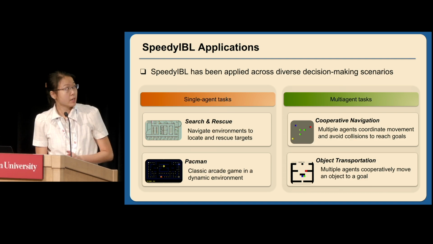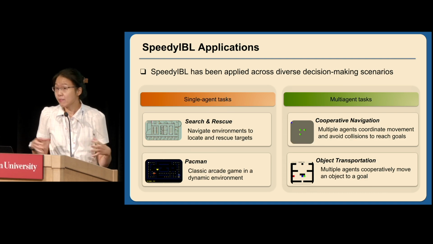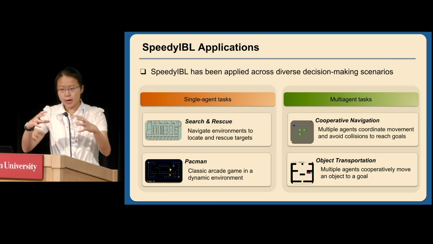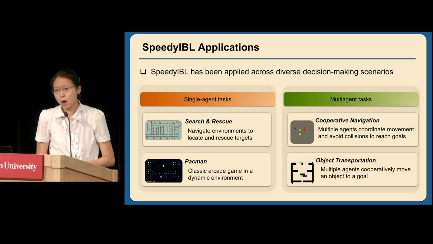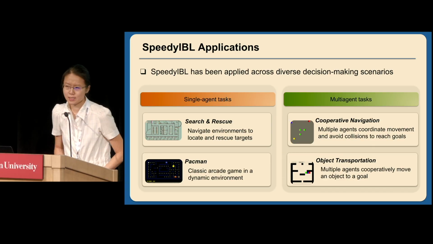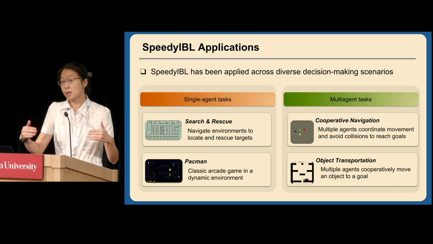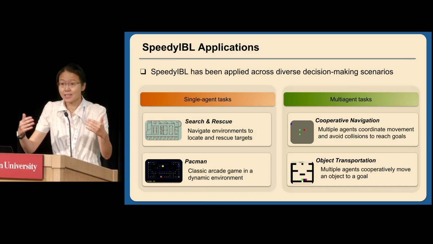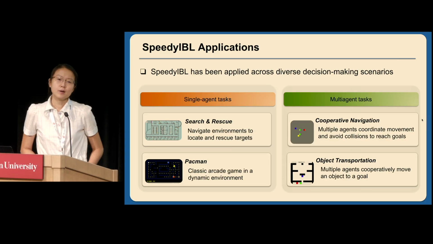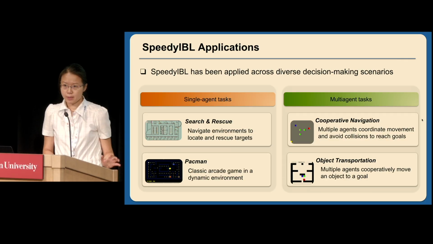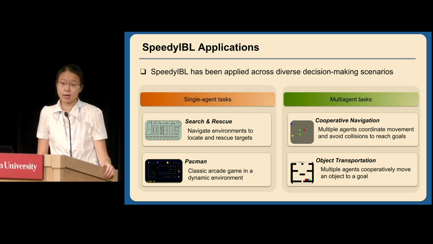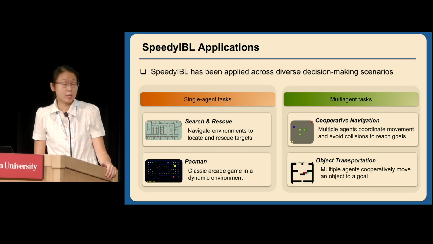For example, the first one is cooperative navigation, where multiple agents need to cooperate to find all the targets. Or in object transportation, where coordination is very important, or the moving target task, where the actions of all the agents must be exactly the same. We call that fully cooperative. In general, you can use the Speedy IBL library for sequential decision-making tasks in your applications, as long as they can be formalized as sequential decision-making.